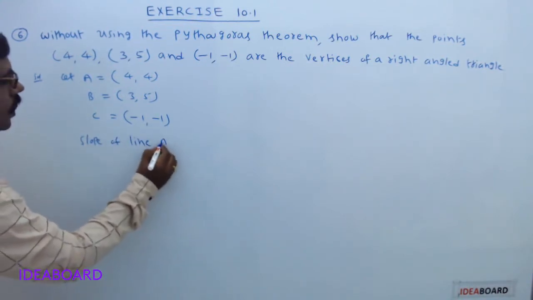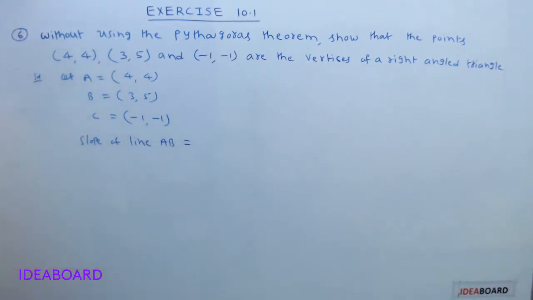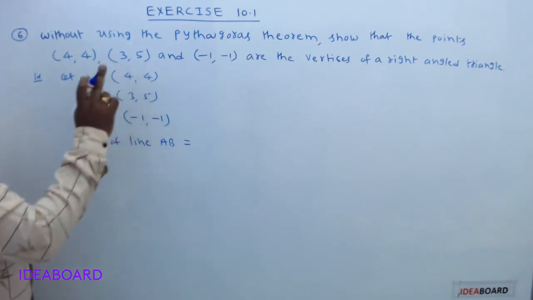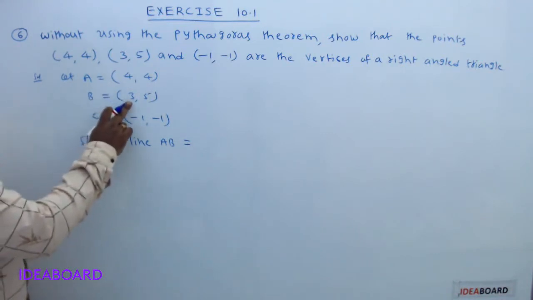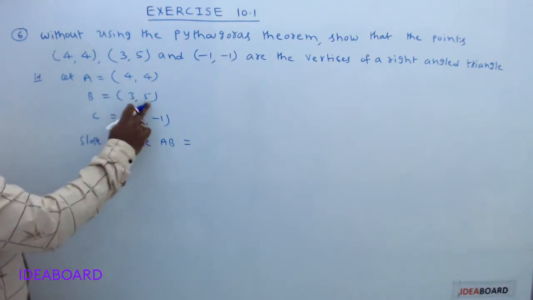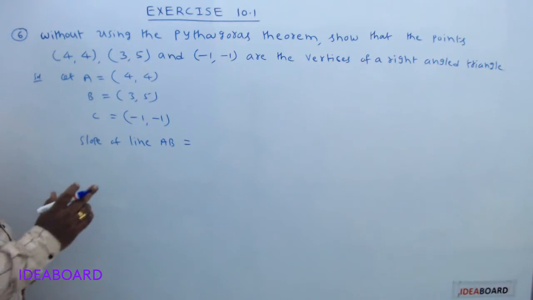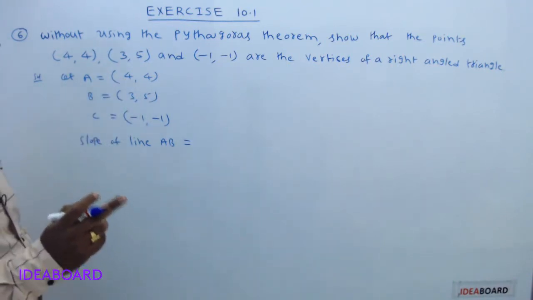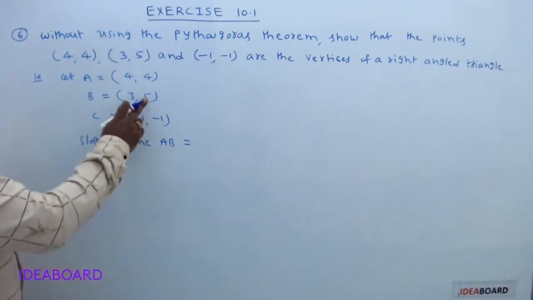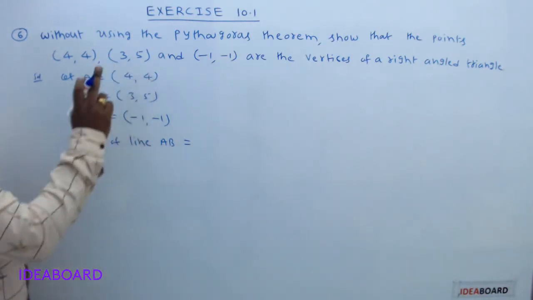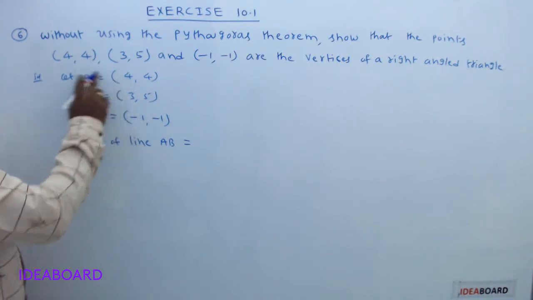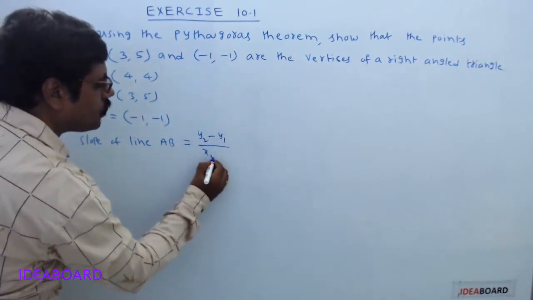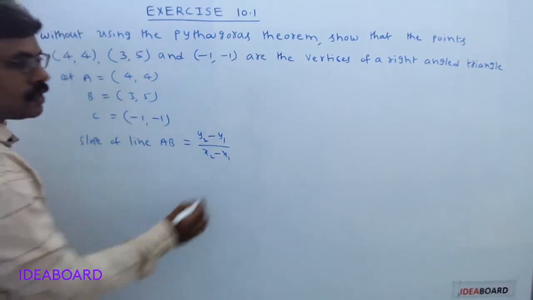Slope of line AB equals to, now consider this A point coordinates as x1, y1, B point coordinates as x2, y2. What is the formula for slope of a line passing through the points (x1, y1) and (x2, y2)? That is (y2 minus y1) divided by (x2 minus x1).